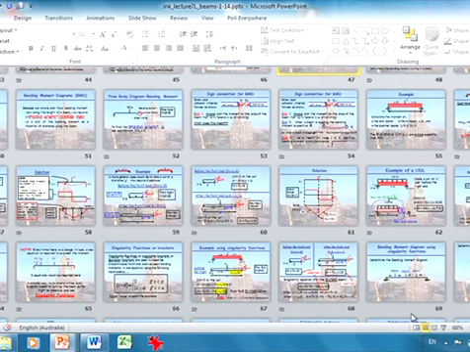Where did this 0.3 come from? So this is when I cut it. Now this is from the plate over here.